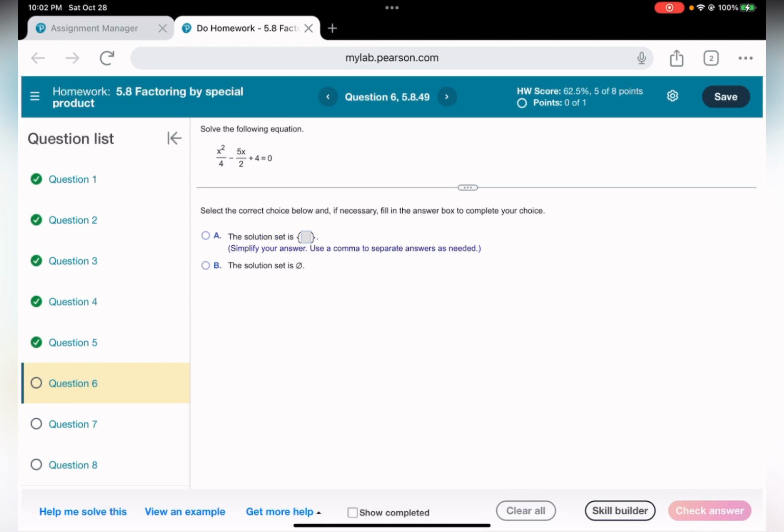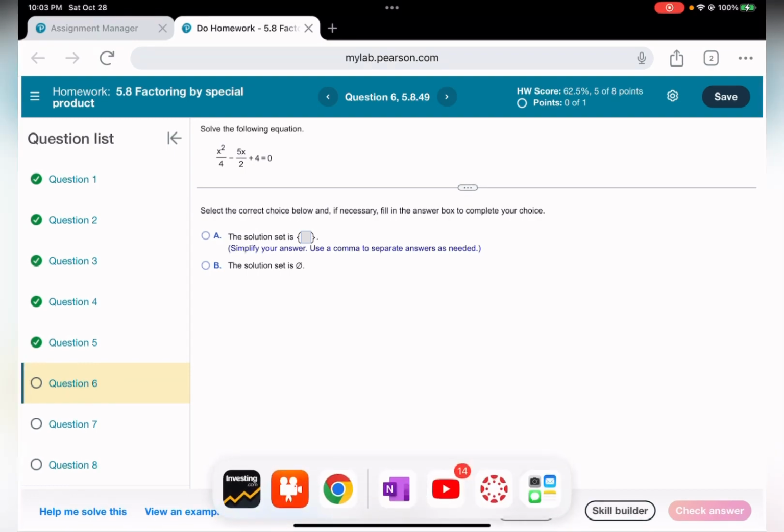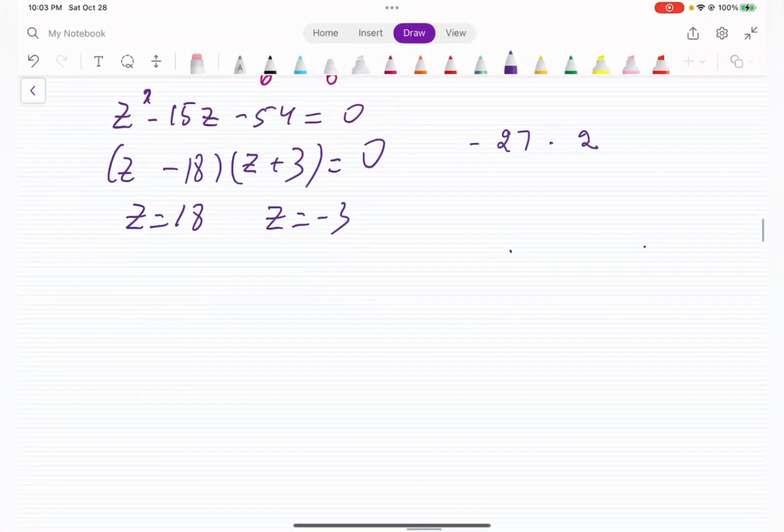Okay, next question. Number 6. X squared over 4 minus 5x over 2 plus 4. Well, let's see. Common denominator is 4, right?